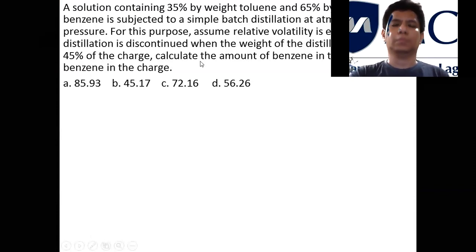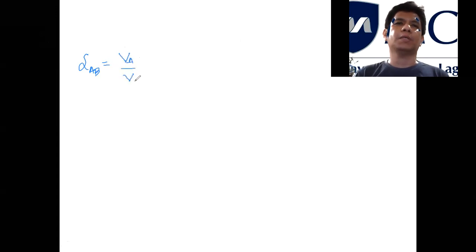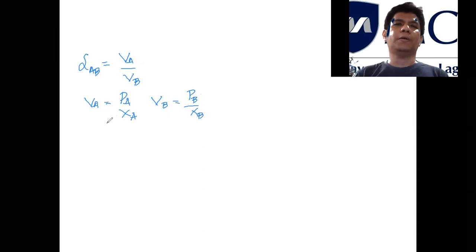So let's start with alpha AB. This is defined as relative volatility, or B sub A over B sub B. And I've told you that B sub A is defined as P sub A over X sub A, and B sub B is equal to P sub B over X sub B. Then you substitute both of these equations into the alpha AB equation.